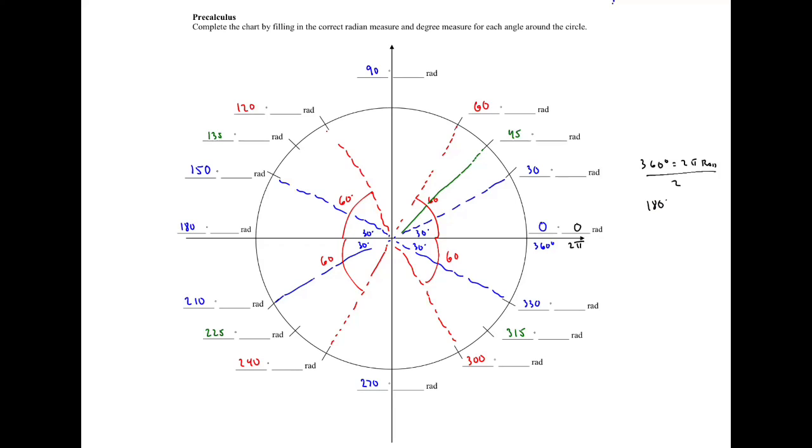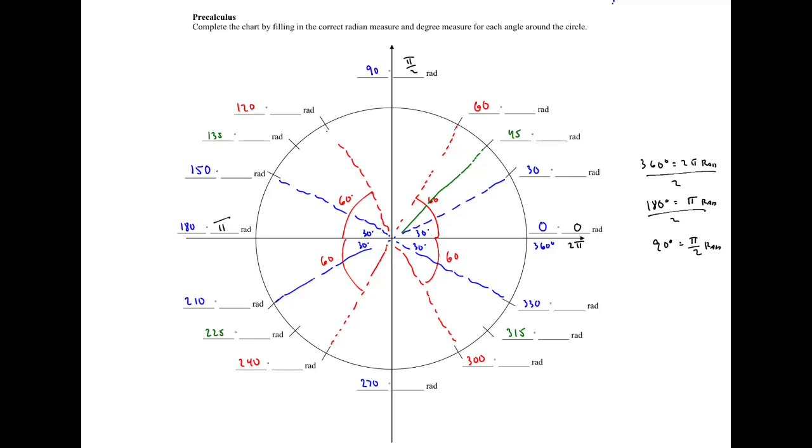Well, that also means that 180 degrees is pi radians. And then we basically could just keep splitting this up. What if we divide by 2 again? Well, 180 divided by 2 is 90 degrees. So 90 degrees is pi over 2 radians.